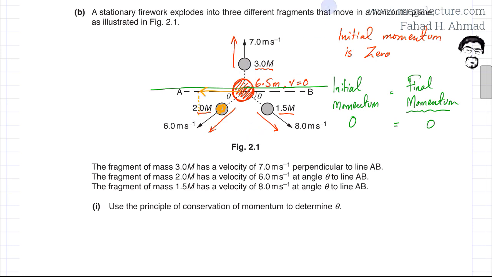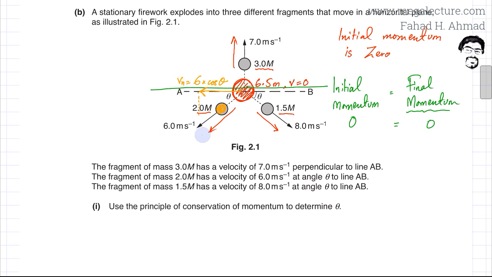This is the horizontal component for this particular particle. The velocity is 6 meters per second in this direction, and the angle it makes with the horizontal is theta. So the velocity component would be 6 meters per second times cosine theta, so the horizontal velocity for this particle is 6 cos theta.